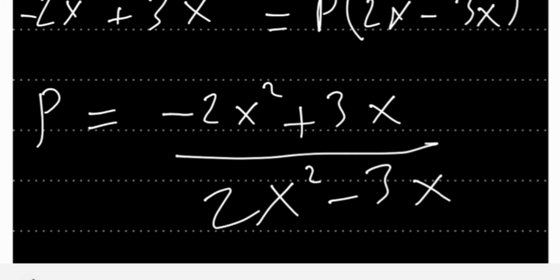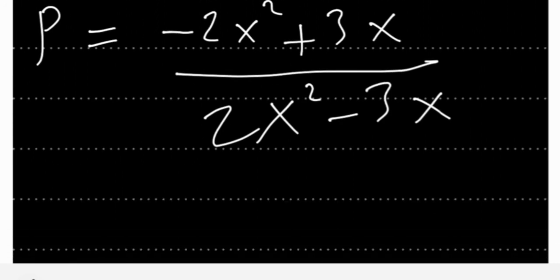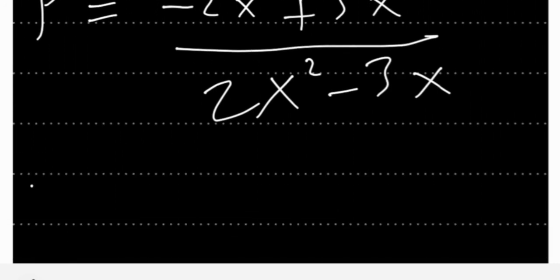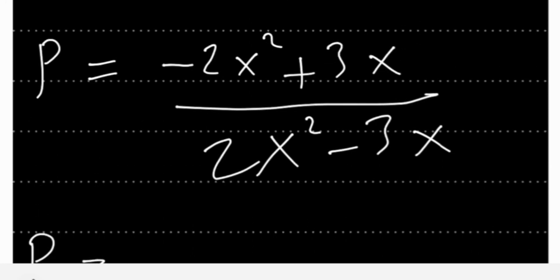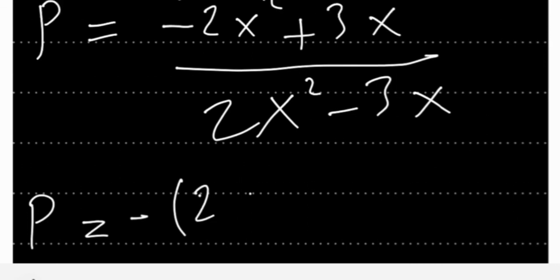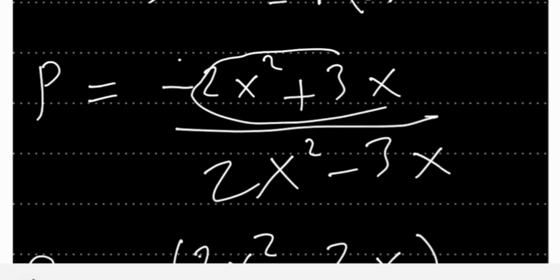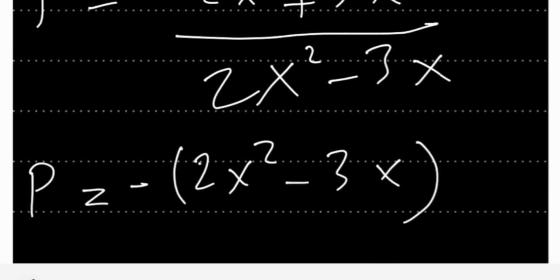So how do we go on solving this part? Look, let's take the minus outside in one part. Look, p is equal to, here let's say that minus went to the outside, so 2x squared minus 3x. What do I mean by this? Look, if you multiply the minus in here, it will be minus 2x squared minus 3, okay? So we will go back to what we had over here, okay?